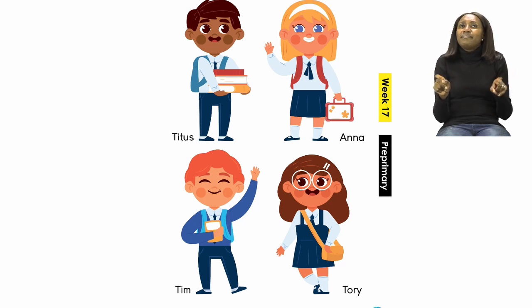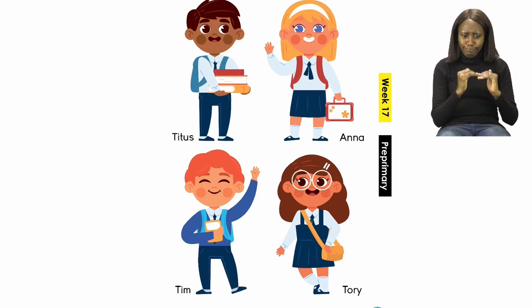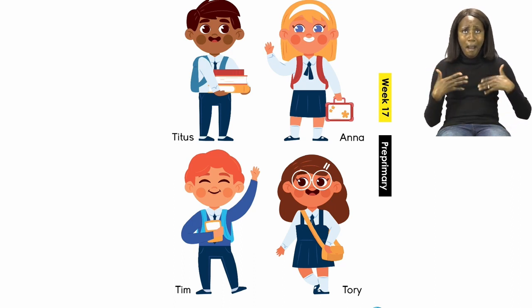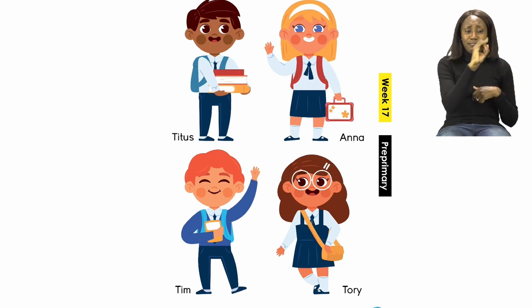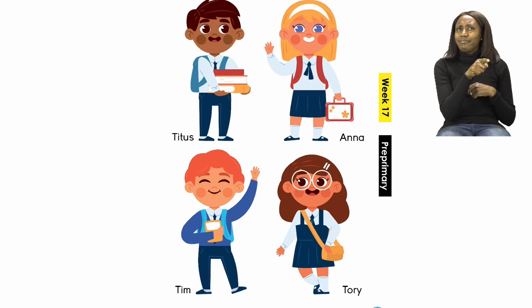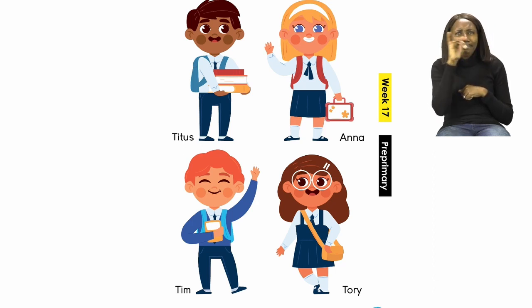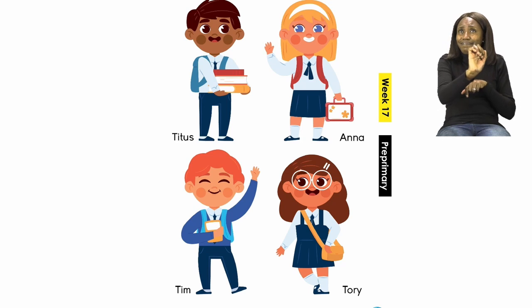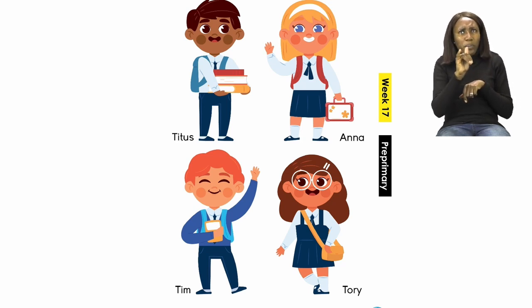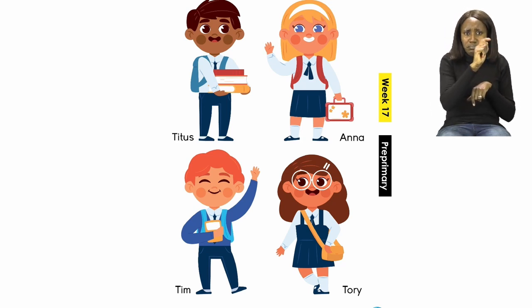Let's now move to the bottom where we see a very happy boy. His name is Tim. Tim. Now, let's see which name has the same beginning sound as Tim. Titus. Anna.